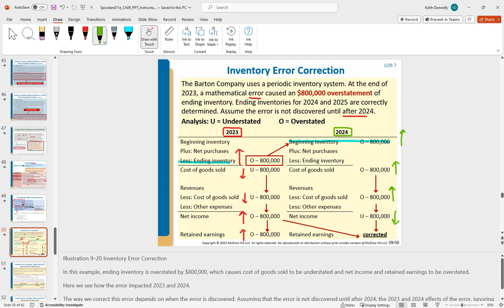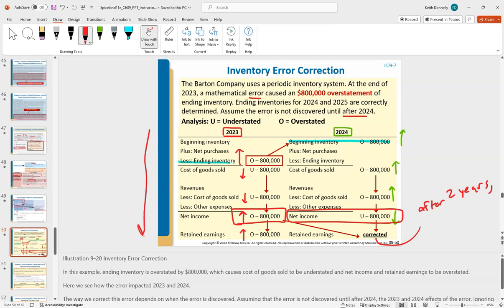Ultimately, what happens here, if you think about it, our net income was too big in year one, but it was too small in year two. So the upshot of this is, after 2 years, when you run this through the effects down here and the effects down here, it's going to self-correct.